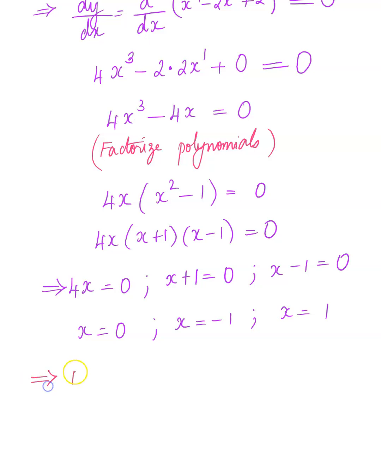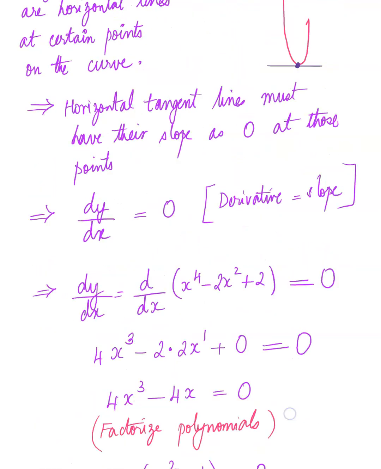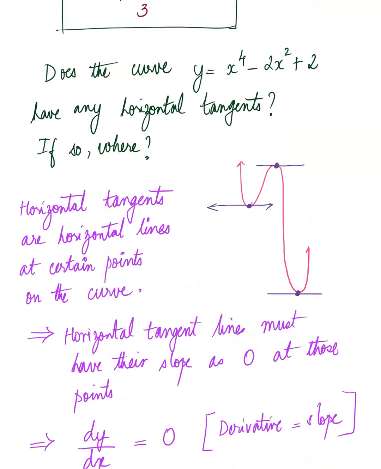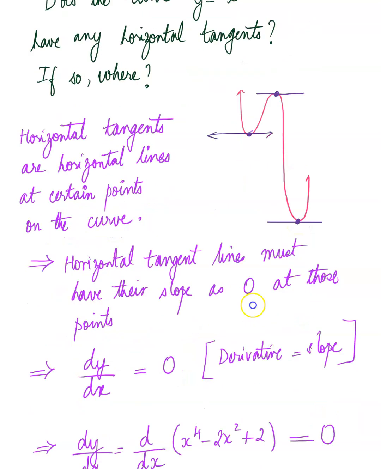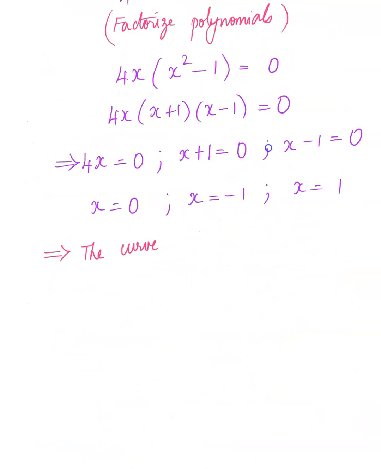So we say this implies the curve then has horizontal tangents at these points, right? We got those 3 points. In fact, we see it's all lining up because we anticipated a W shape with 3 turns, and then at those 3 turns, we have the 3 x values.